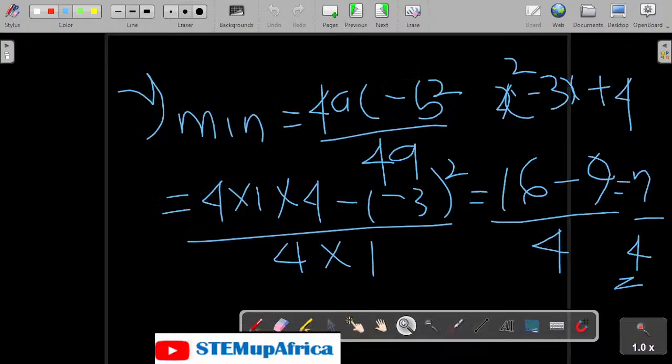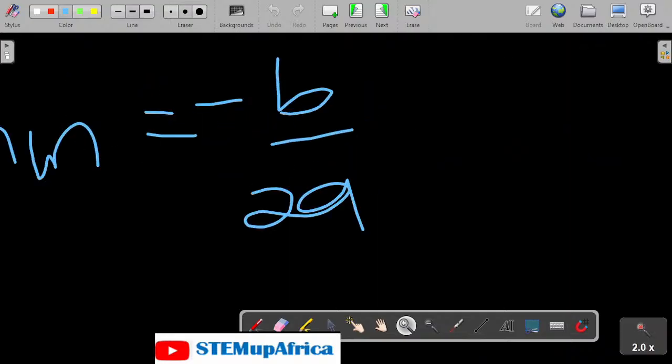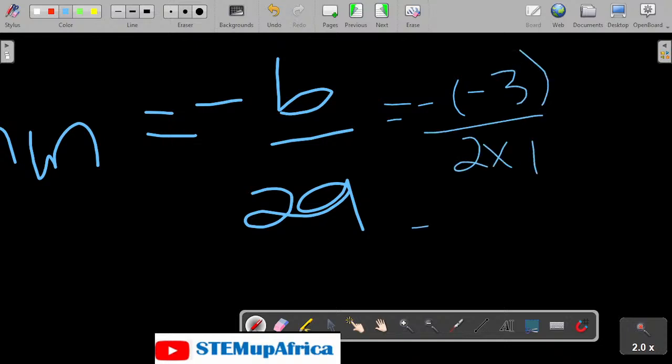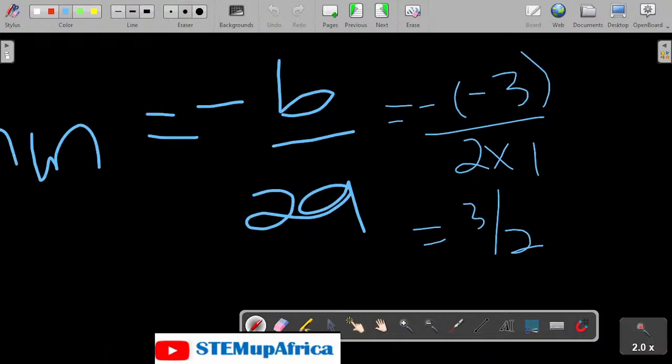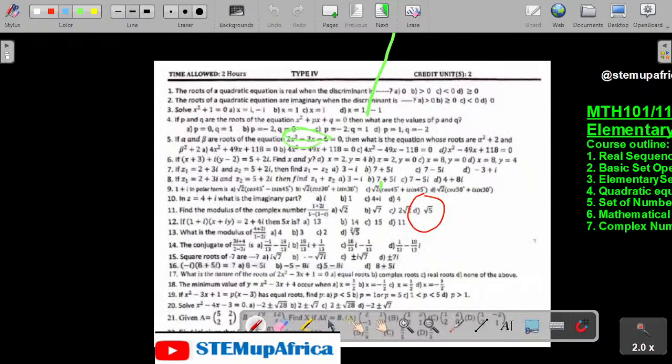So I'm having minus 3 over 2 times 1, which is minus 3 over 2. So our x minimum is minus 3 over 2. And that happens to be, let me see, it's 3 over 2, not minus. And that happens to be option A, 3 over 2.